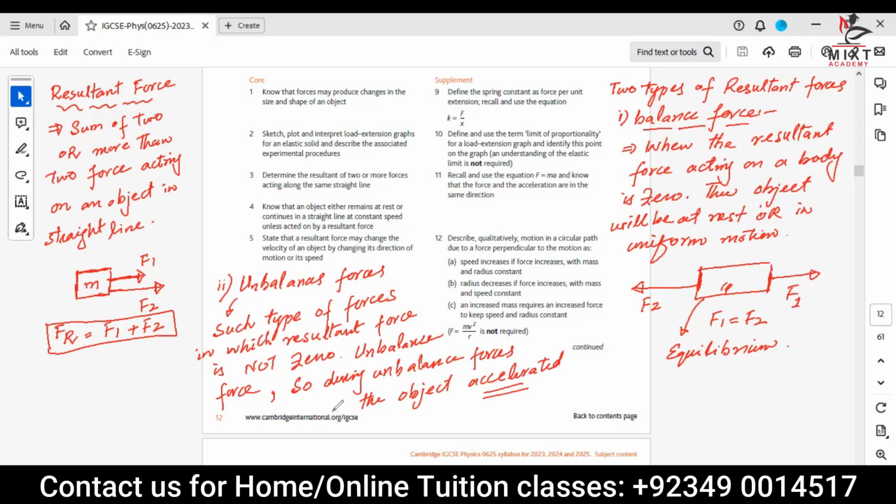Remember that in balanced forces, the object is moving with uniform velocity, uniform motion, or it is at rest. But when the forces are unbalanced, the object will be moving with acceleration. Have you noted that?